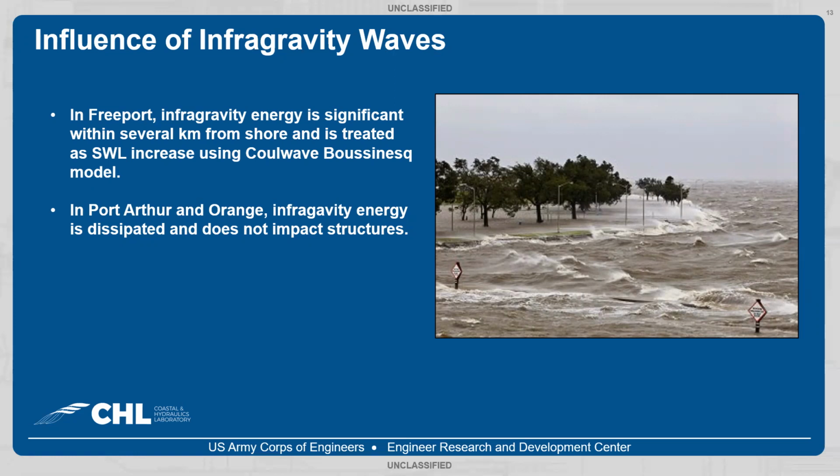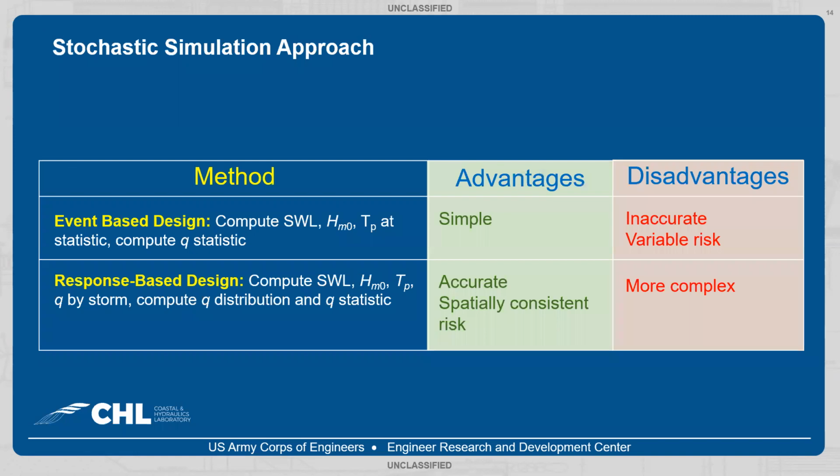Pat Lynett used CoulWave to model the complete wave spectrum. And so we were able to characterize the infragravity waves and then add the infragravity portion to the still water level to include that. In Port Arthur and Orange, the infragravity energy dissipated. So the STWAVE actually produced a very good estimate of the waves for this area.